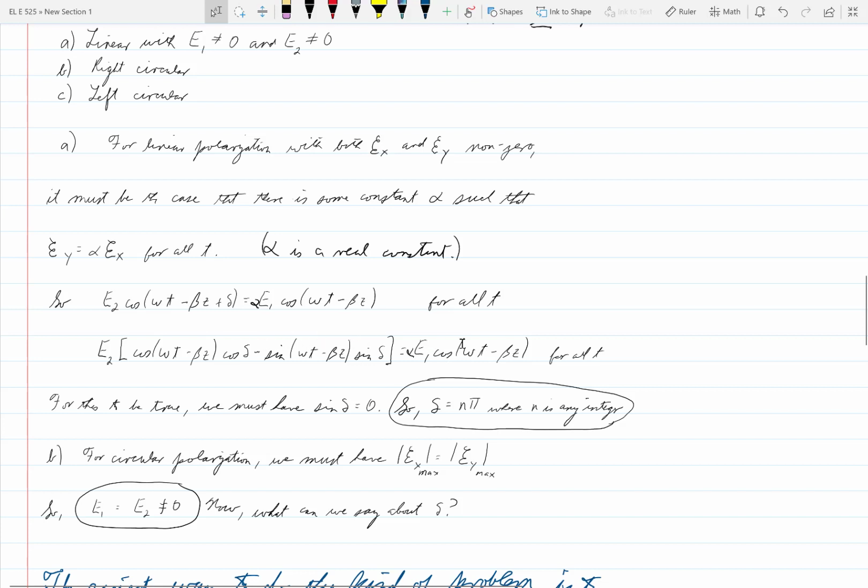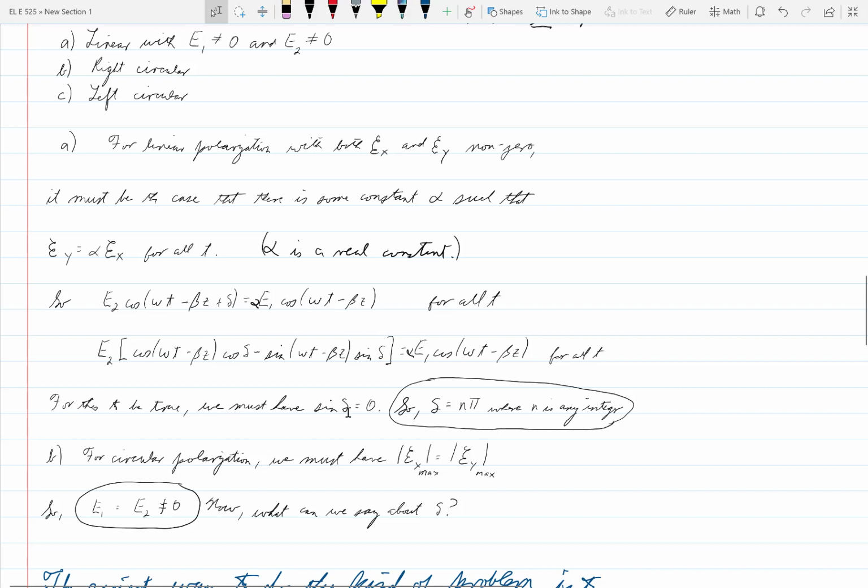These two expressions are equal for all times t, and for that to be true, sine delta, the term involving sine of (omega t minus beta z) on the left-hand side, must go away.